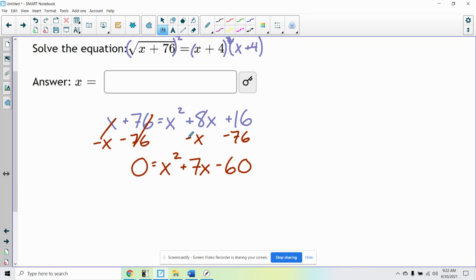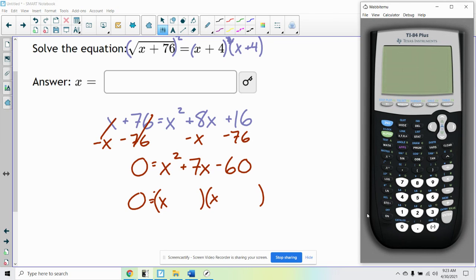Let's see if this factors. 20 and 3, 15 and 4. Let's try and figure this out. 60 divided by 4 is 15.